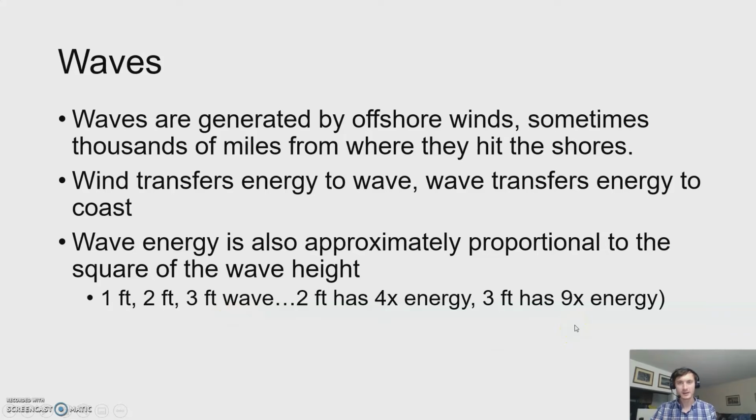The point here being that you need much more energy just to produce a little bit bigger of a wave. Right? So, we have all these things on tsunamis where you see the really big wave. It's not just 30 times more energy in a 30-foot wave than a 1 foot one. It's going to be 900 times more energy in the 30-foot wave compared to a 1 foot wave.